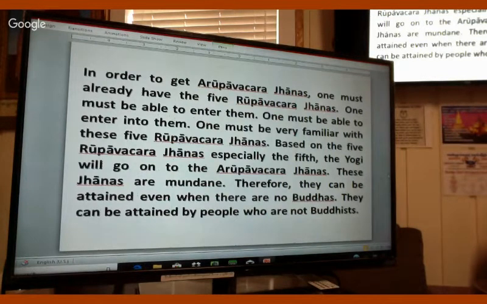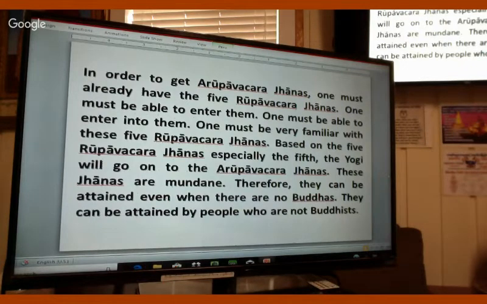But anyway, these jhana, Form-sphere or Formless-sphere, are Lokiya Chitta, mundane consciousness. Not Lokuttara. Lokuttara means free from the cycle of life. But these jhana, even though the Arupa Formless-sphere jhana is very subtle, are not free from the cycle of life.